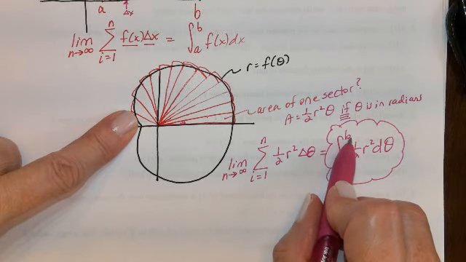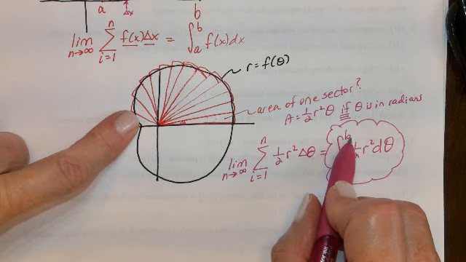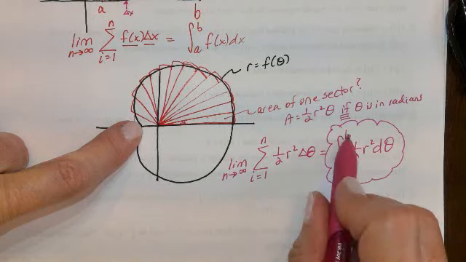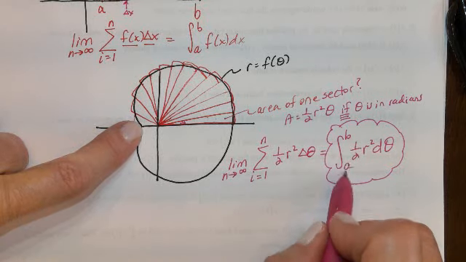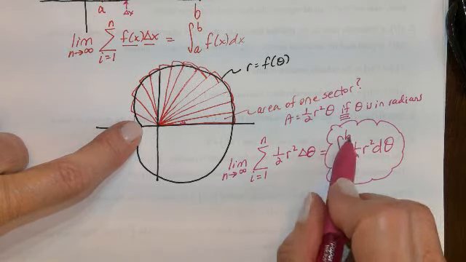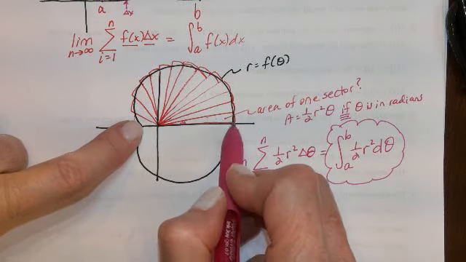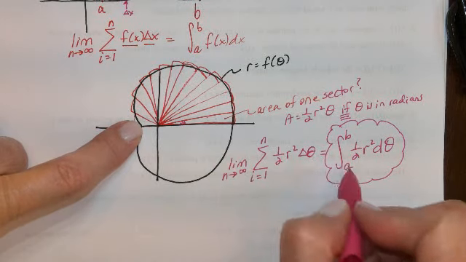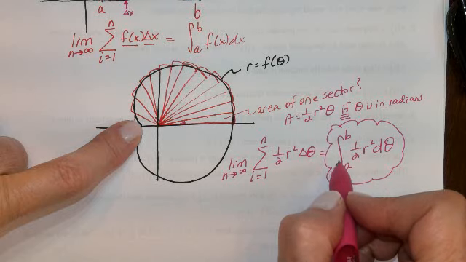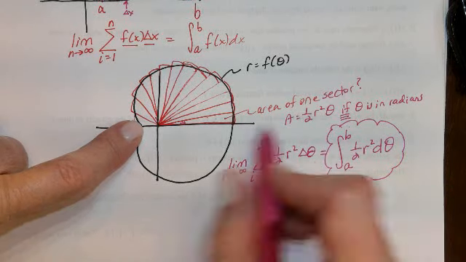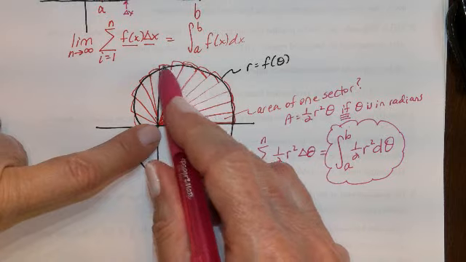Do you remember when I said we're going to need to know what values of theta form a complete graph? This is when you need it. What if you were asked to find just the area from 0 to pi? Then you would just use 0 to pi. What if you were asked to find the area in the first quadrant? Then you would use 0 to pi over 2.